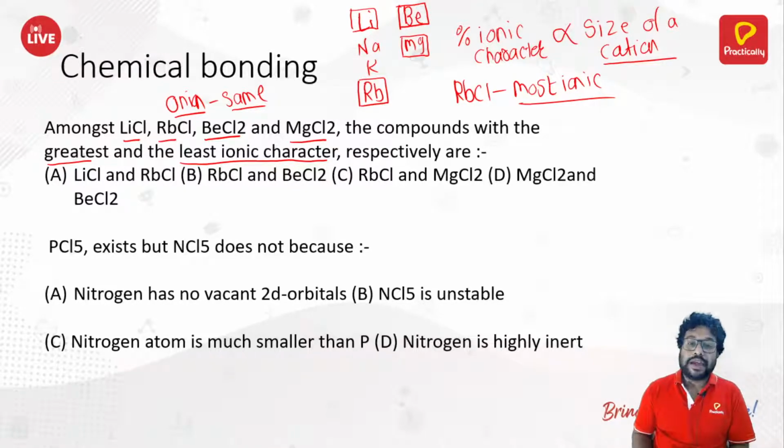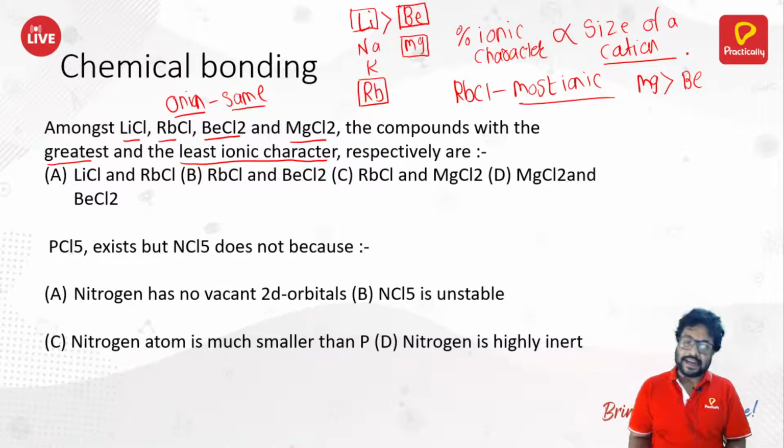That means beryllium is smaller in size than lithium, and magnesium and beryllium belong to the same group, and magnesium is in the next period after beryllium, so magnesium has to be larger in size than beryllium, which makes beryllium the smallest cation here.